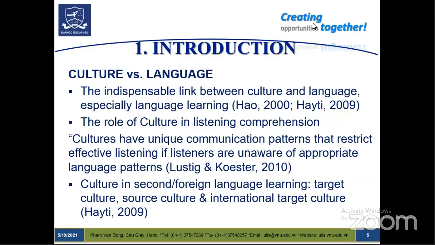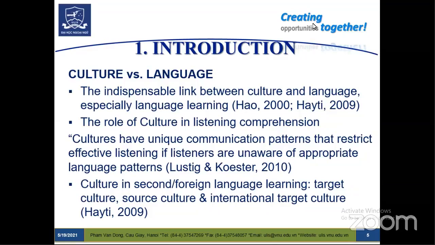According to Thao in 2018 and 2009, they always go together and have a mutual influence on each other. In terms of listening comprehension, cultures have unique communication patterns that restrict effective listening as listeners are unaware of appropriate language patterns, according to Lustig and Koester in 2010.